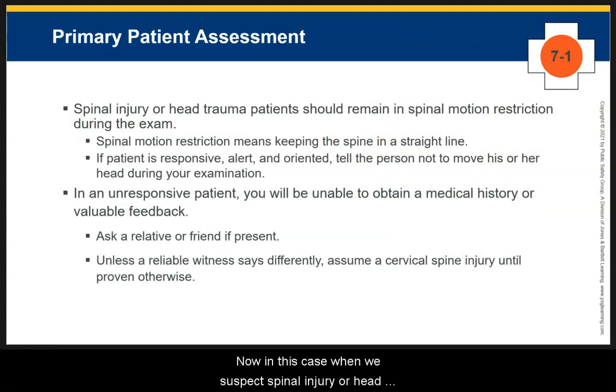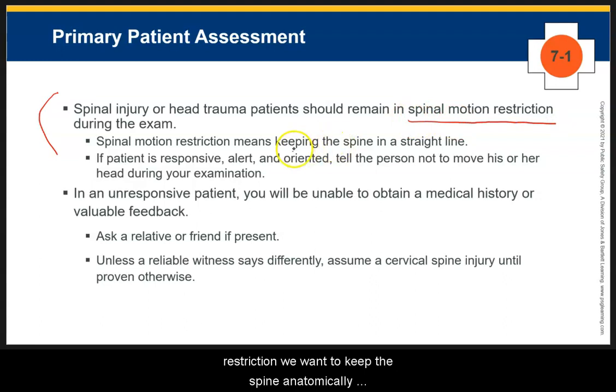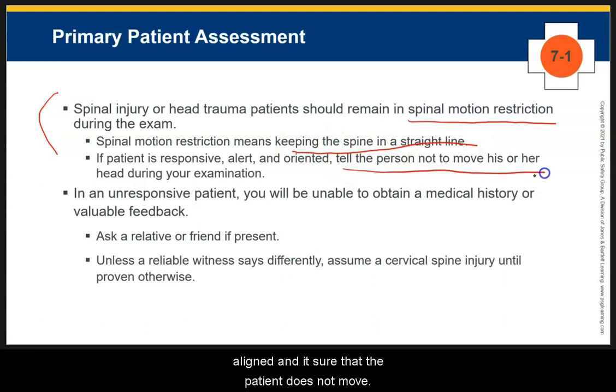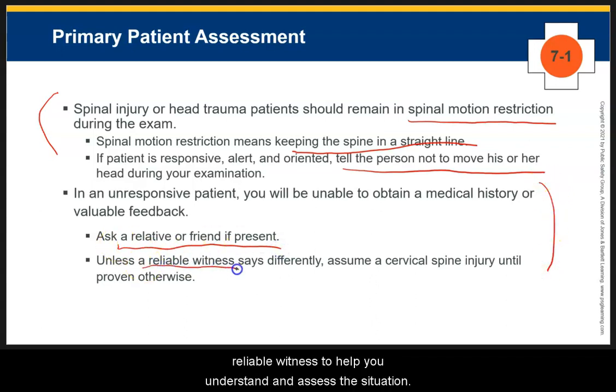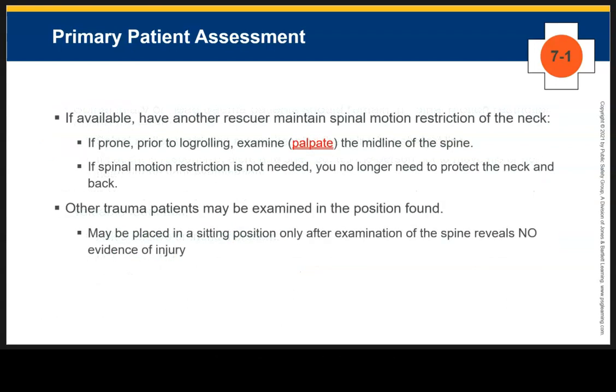Now, in this case, when we suspect spinal injury or head trauma, we need to follow protocols for spinal motion restriction. We want to keep the spine anatomically aligned and ensure that the patient does not move. In an unresponsive patient, you may not understand what the events are, so you can check with a bystander or reliable witness to help you understand and assess the situation.